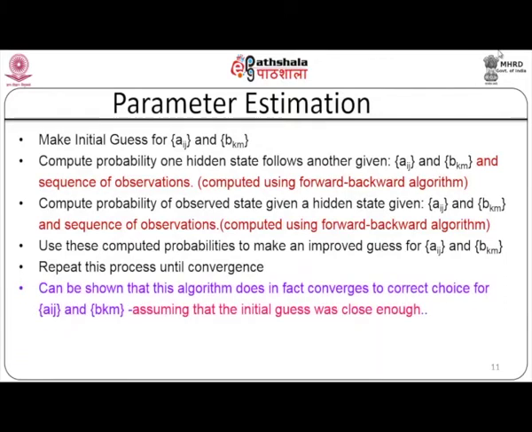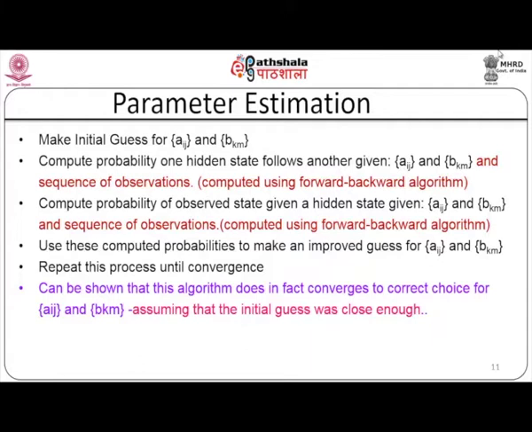It can be shown that this algorithm does in fact converge to the correct choice for the transition probability and the emission probability, but the initial guess should be close enough. Then we keep doing this. We assume an initial transition probability and emission probability. We are not too bothered about the initial probability at the moment.